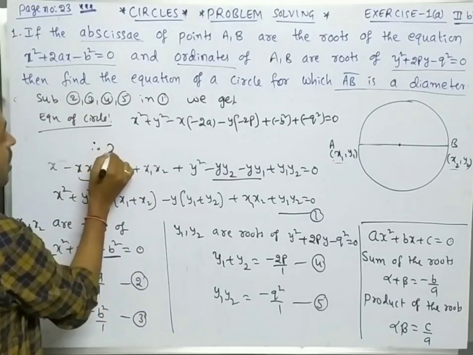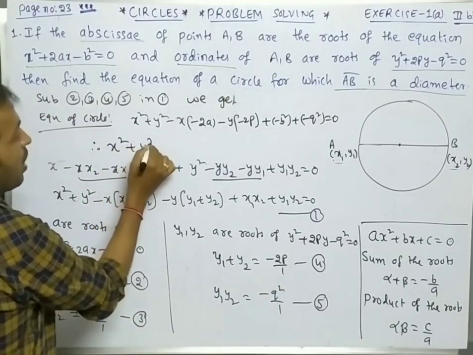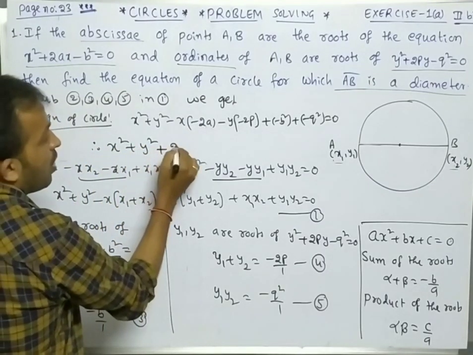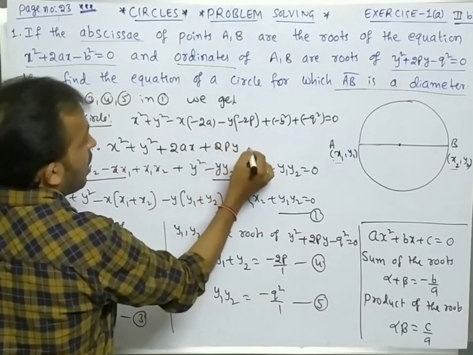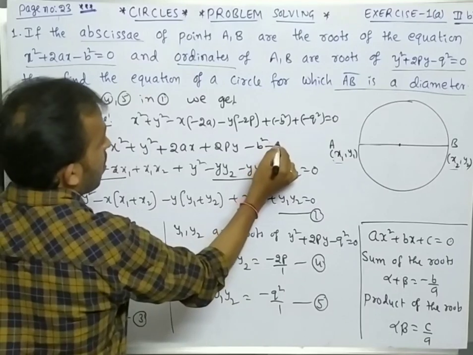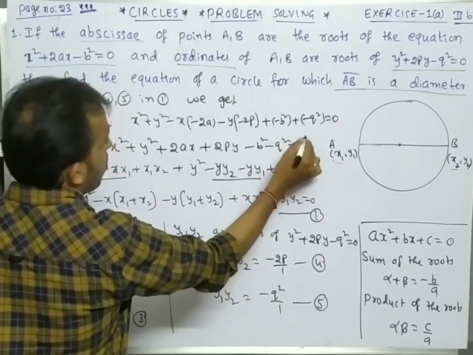Finally, the equation of the circle is x square plus y square plus 2ax plus 2py minus b square minus q square is equal to 0.